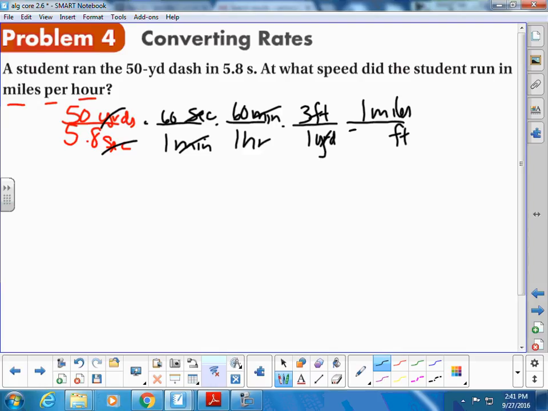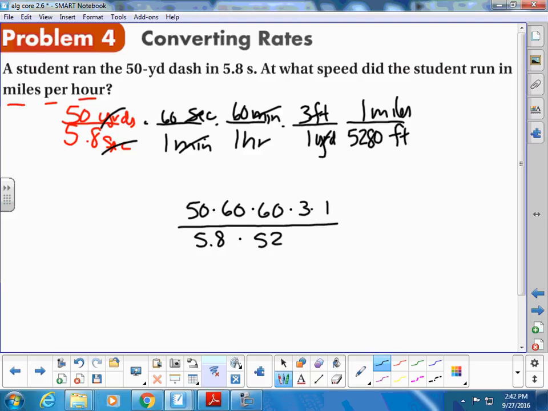And I know there's 5,280 feet per mile. Okay, now I have to do a lot of multiplication. I have 50 times 60 times 60 times 3 times 1 over 5.8 times 5,280. All the other ones are just ones, so they don't really matter.